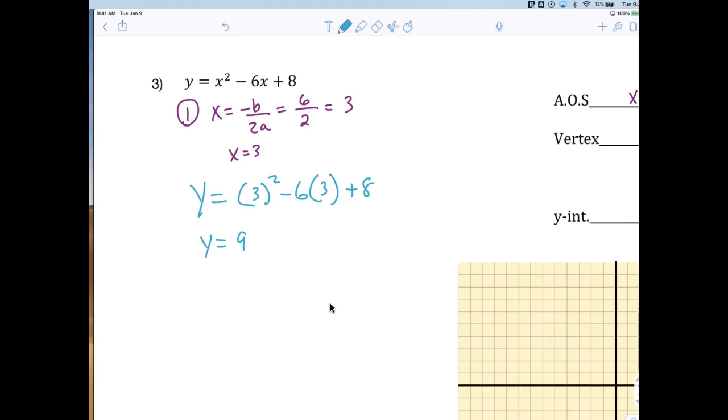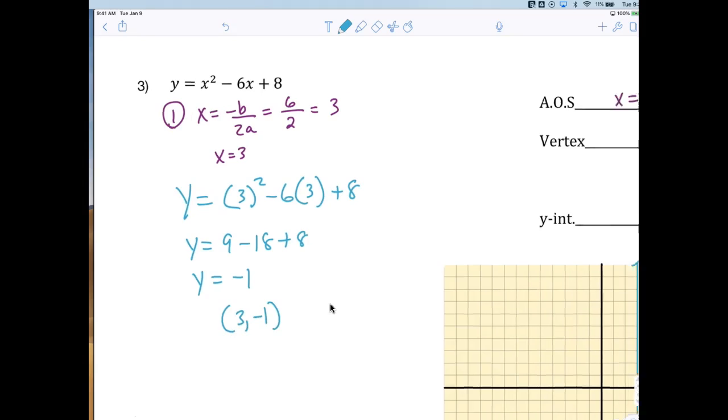Y equals 9 minus 18 plus 8. Y equals negative 9 plus 8, which is negative 1. So the vertex is 3, comma, negative 1.